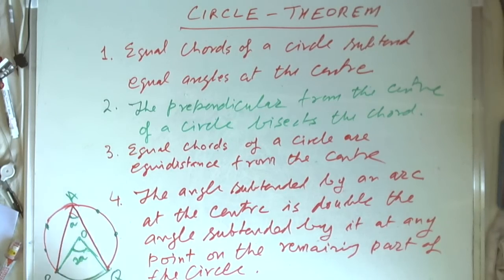And the angle subtended at the center by an arc is double the angle subtended at the remaining part of the circle. So if this angle is A, then this angle will be 2A, and this will also apply if this happens to be a chord. So whether we talk about chord PQ or arc PQ, this theorem will be applicable.